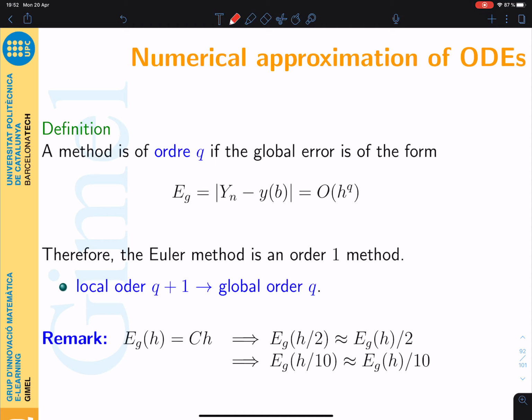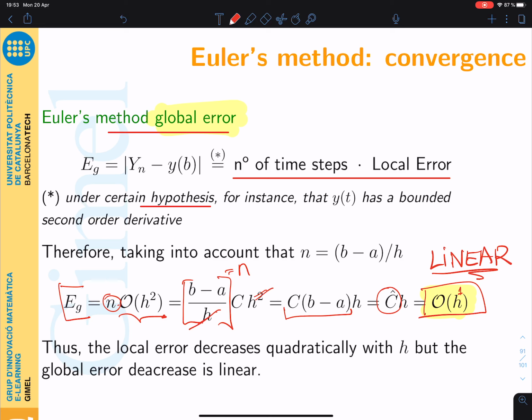In general, we say that a method is of order q if the global error is of this form. So for Euler, we say it is linear or order 1 because the value of q is 1. We have seen that when the local order is q plus 1, then the global is q because of this h that is dropped here.